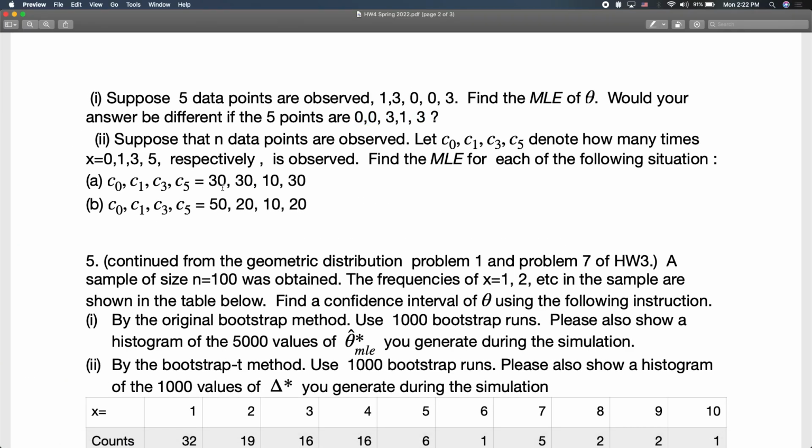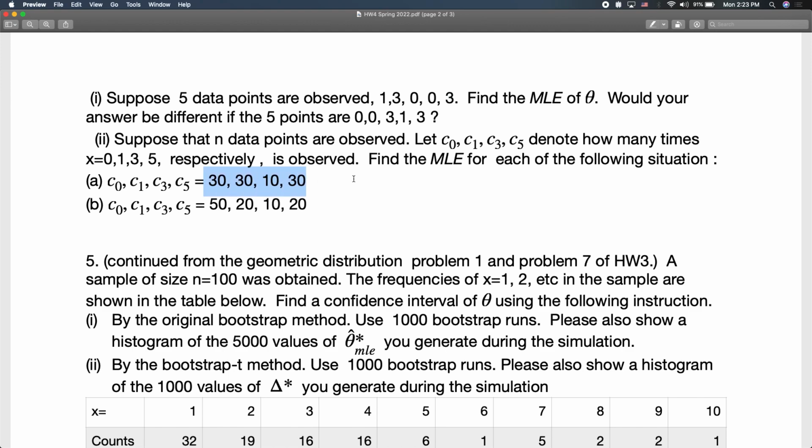And now let's take a look at the second case, where we have 30 occurrences of 0, 30 occurrences of 1, 10 occurrences of 3, and 30 occurrences of 5. So basically we have a 100-point sequence instead of 5 data points here.